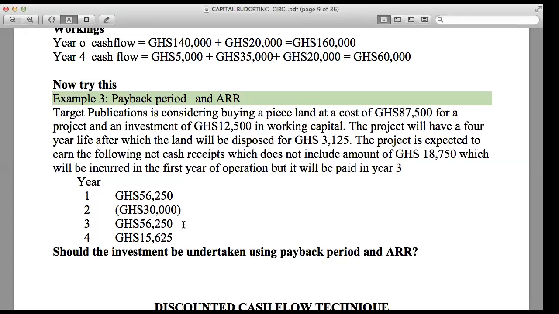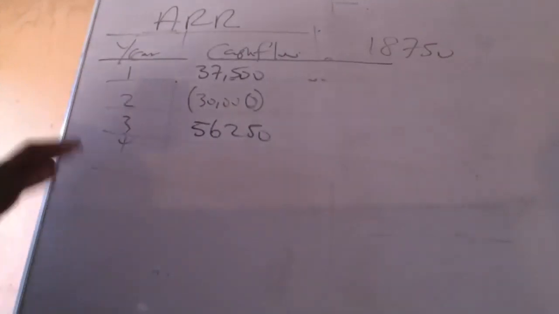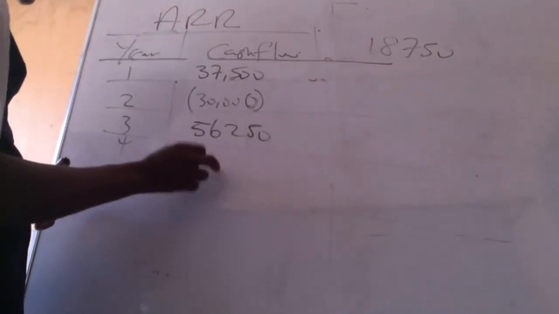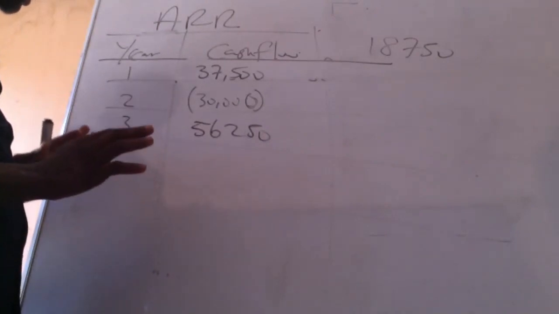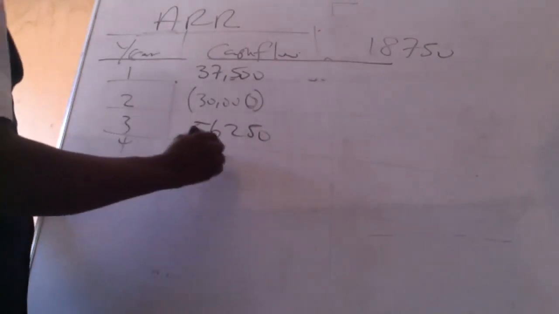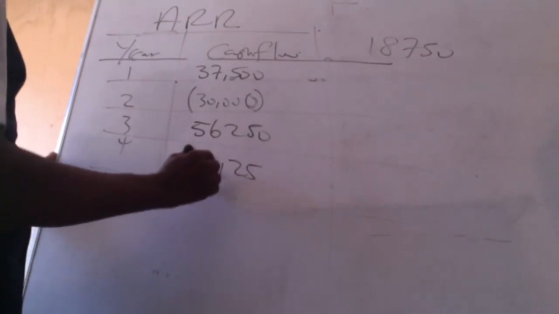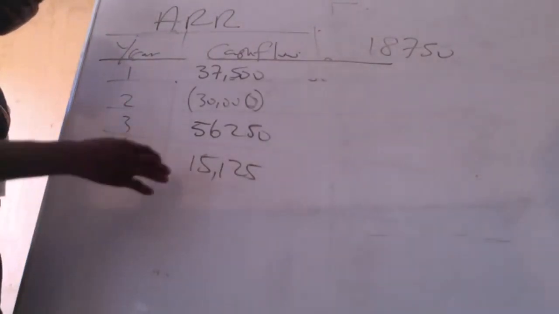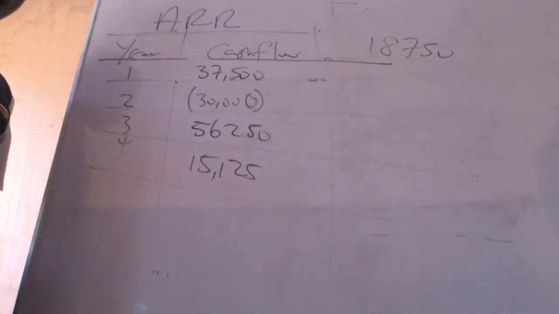So you only have to pick the net receipt, which is only 15,625. That will be the profit for year 4.